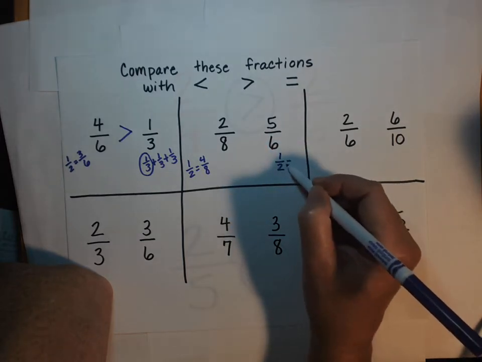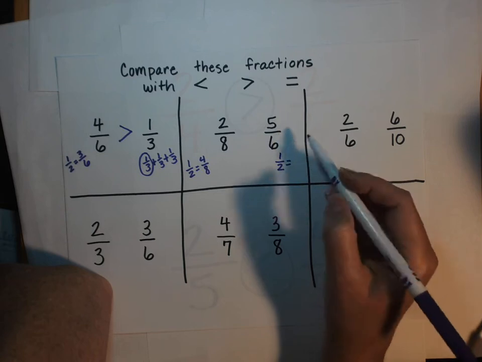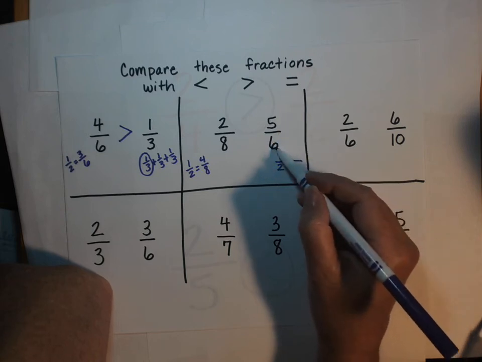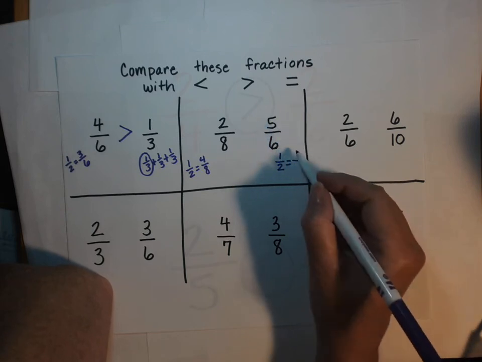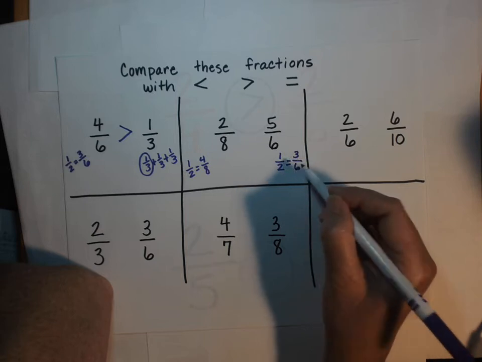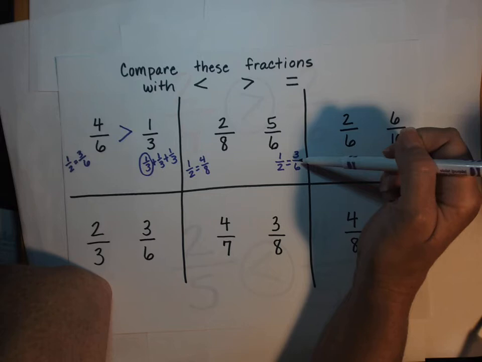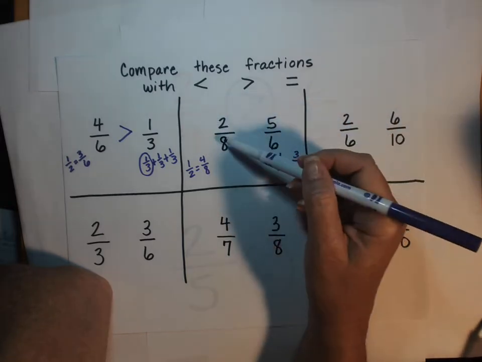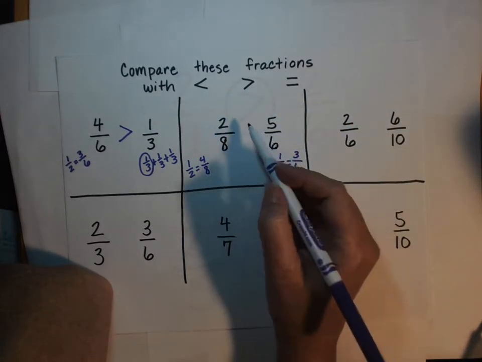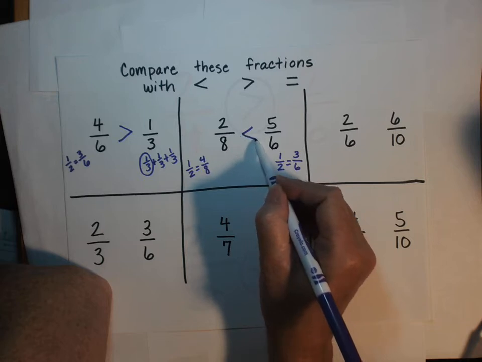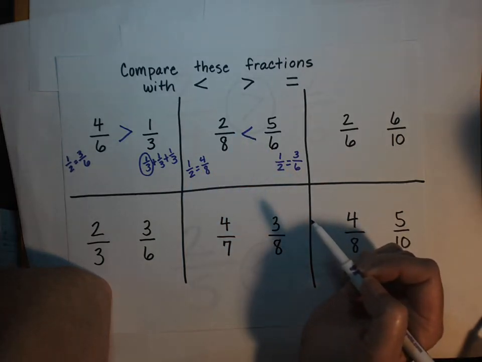Where would my 1/2 be if I have sixths? What is half of 6? 3. So that tells me 5/6 is greater than a half. 2/8 is less than a half, so 2/8 is less than 5/6.